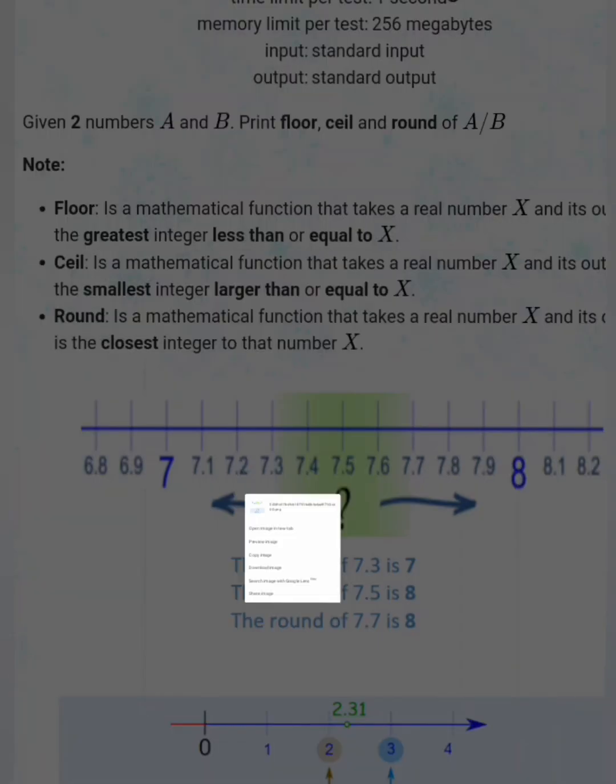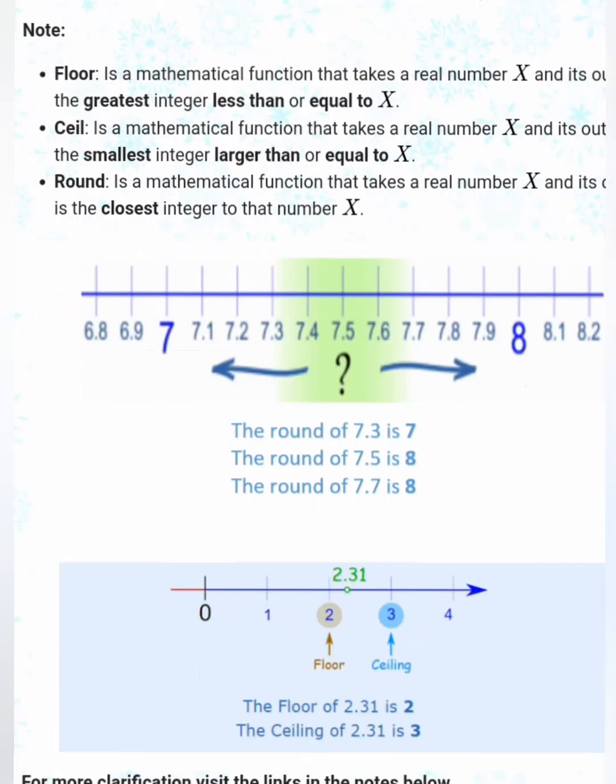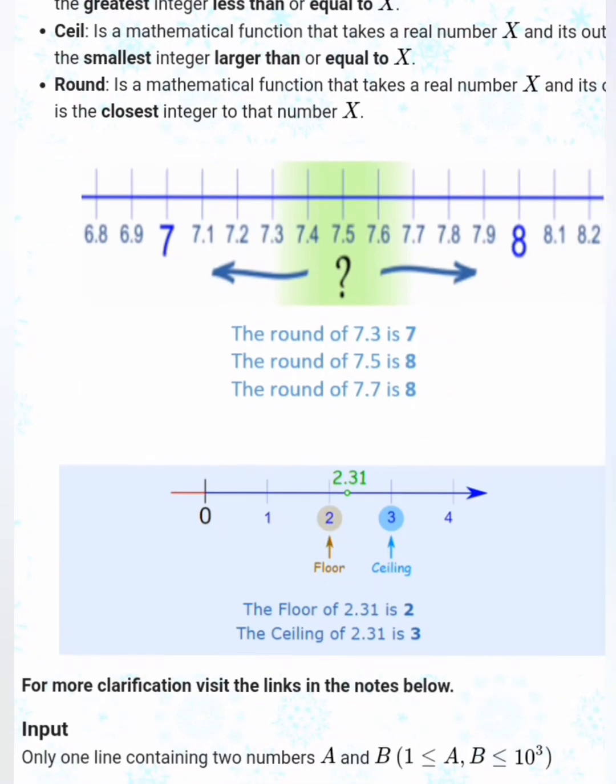If we see the picture, we can see that if a number is less than 7.5, its rounded number should be 7, and if the number is 7.5 or above, then the output will be 8.